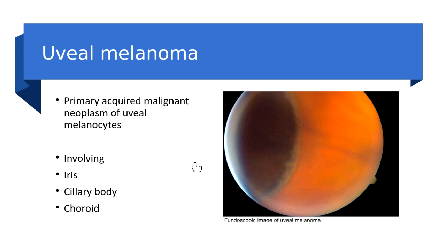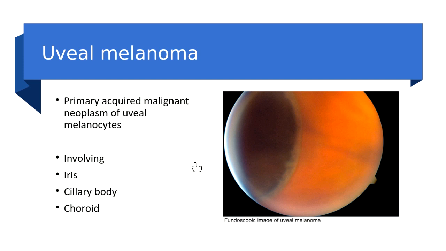So you can either see it at the front of the eye, or you can see it in the back of the eye. So you may have to dilate the eye to see it. In this picture, it's a dilated picture seeing a lesion arising from the choroid. Why do you know it's choroid? Because it's so dark. It's the only dark thing around the back of the eye. Because you have the sclera, you have the choroid, you have the retina. So the only dark thing that is full of vessels is your choroid.